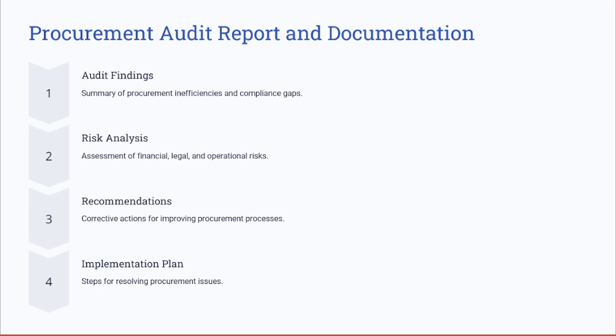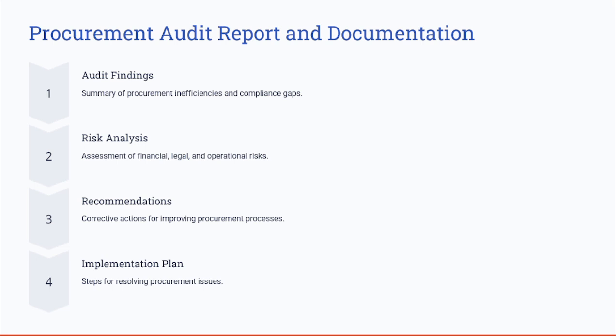The last step is reporting these audits. A structured procurement audit report documents the key findings, the risks, and also the recommendations. This report serves as the blueprint for improving procurement efficiency and long-term compliance.